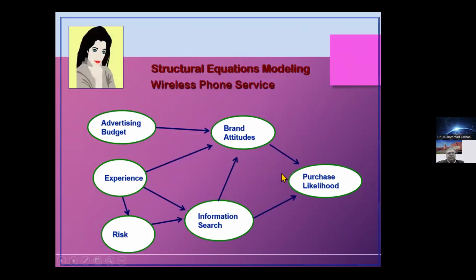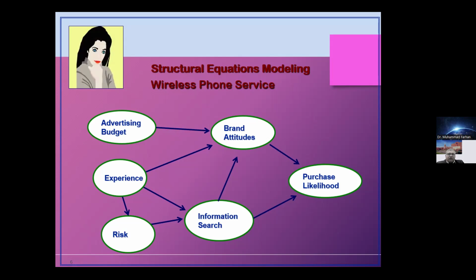Let's start with this. You are able to see a scary picture which shows some oval shapes and some arrows from here and there. But if you don't know what structural equation modeling is, you must know what a dependent variable and an independent variable are.